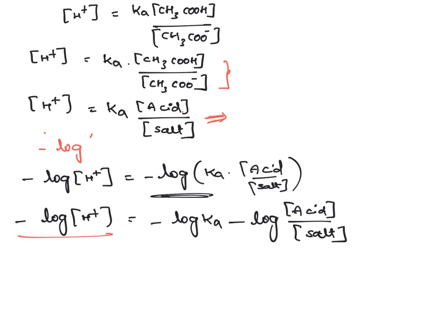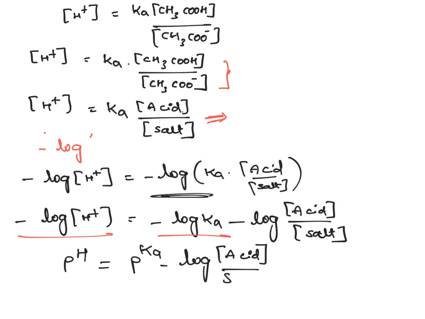Now minus log H plus is pH, equal to minus log Ka, which is pKa, minus log of acid concentration by salt concentration.